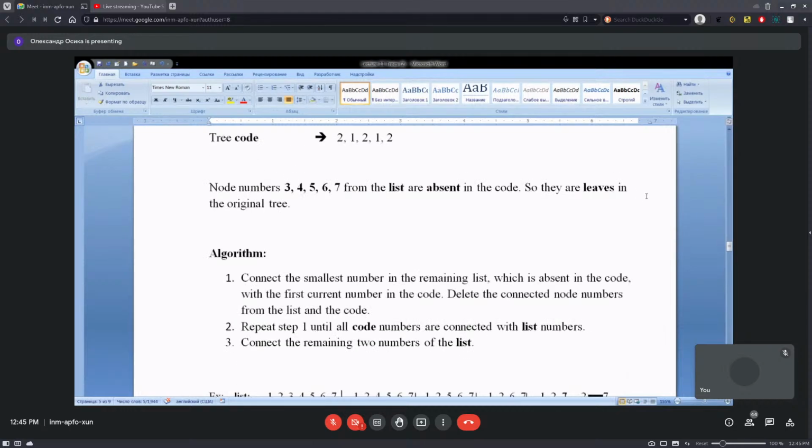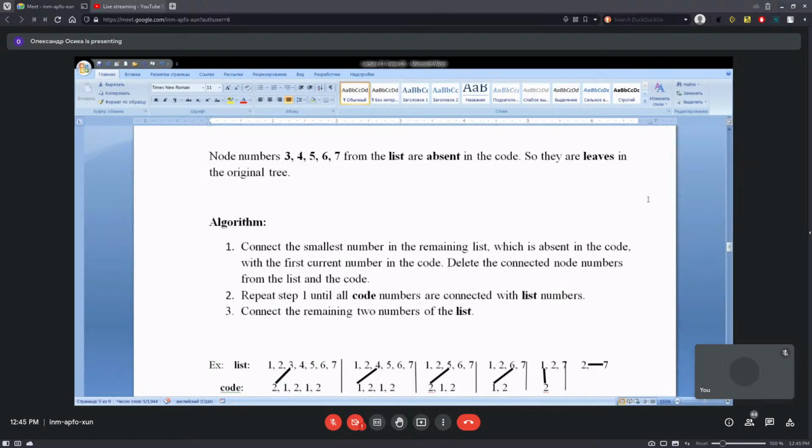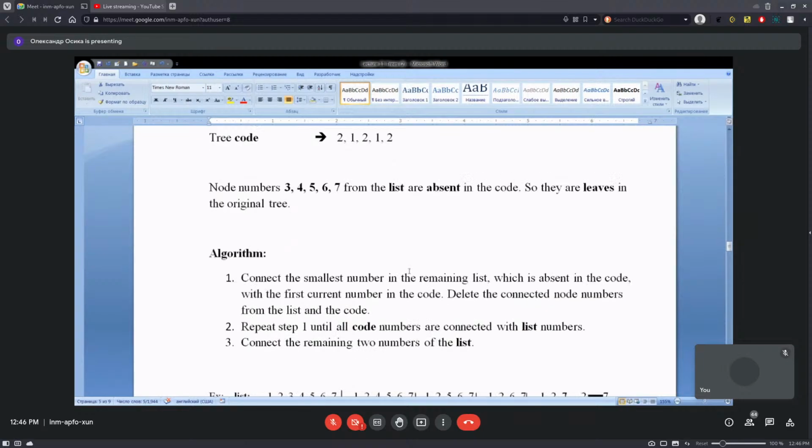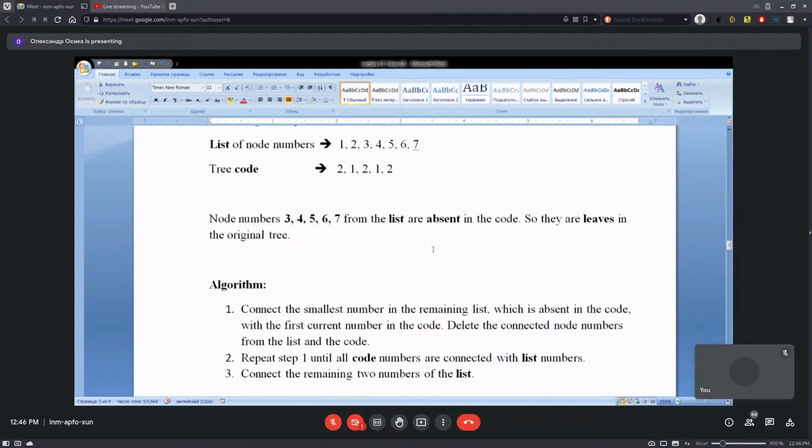Okay, the algorithm. How do we connect? You can notice that node numbers 3, 4, 5, 6, and 7 from the list are absent in the code, so they are leaves. Now look at the algorithm simply.